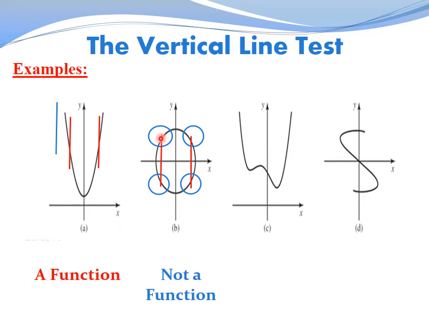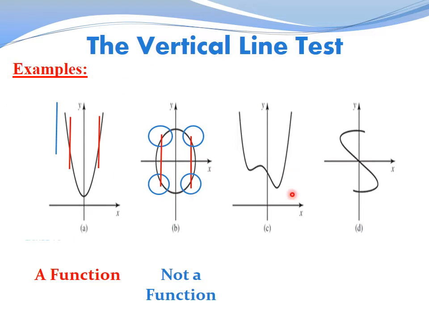We said 2 points or more. Here they can intersect the graph at 2 points, here and here. So this violates the condition of the vertical line test for a function. So we can say that this graph represents a relation and not a function.